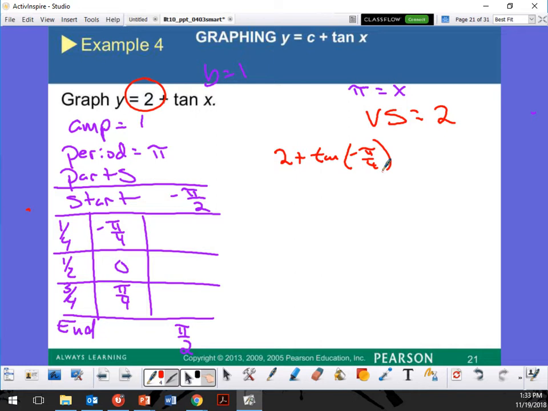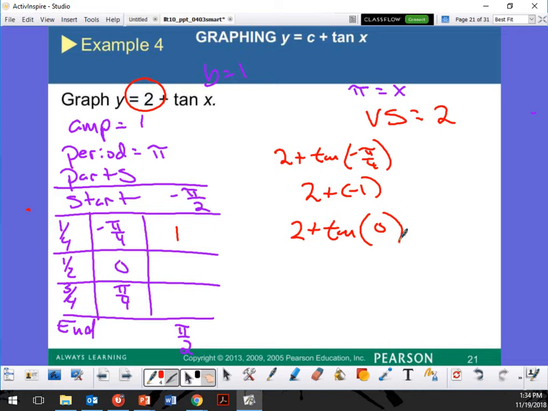So it's 2 plus negative 1, which is a positive 1. Do it again. 2 plus tangent at 0. Tangent at 0 is 0, right?